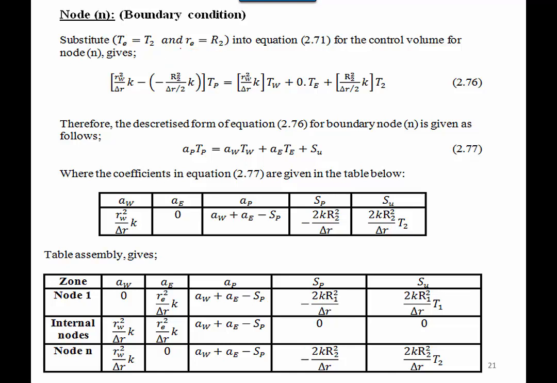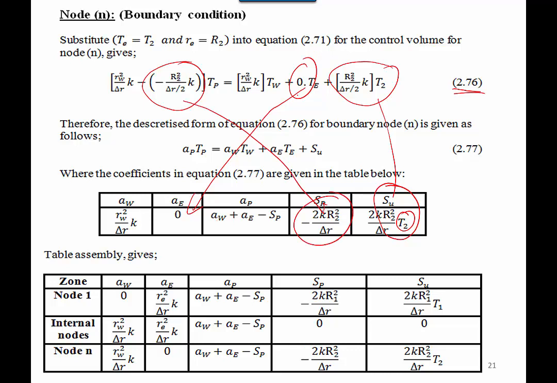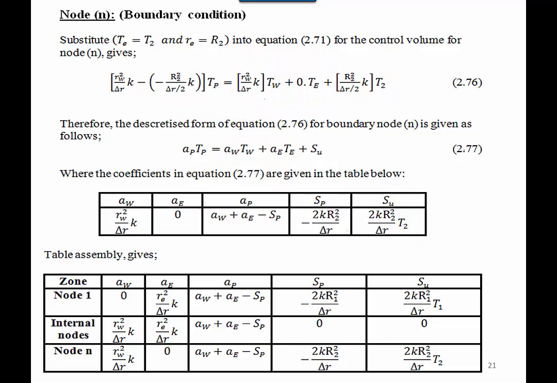So we substitute these into equation 271, we will have equation 276, and the last term will represent the SU term with the boundary condition multiplied by T2, and there is no T east, A east is 0, and the last figure before the T point will be minus SP, and this will be A west. Therefore the general discretization form of the last control volume will be written as shown in equation 277, and the parameters are shown in this table.